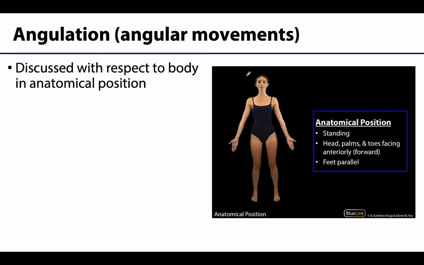But before we get into these different types of movements, it's important we understand what anatomical position is. This is a key concept in anatomy as a whole. Anatomical position is the standard reference position for any description of movement, or also importantly, any description of anatomical structures.